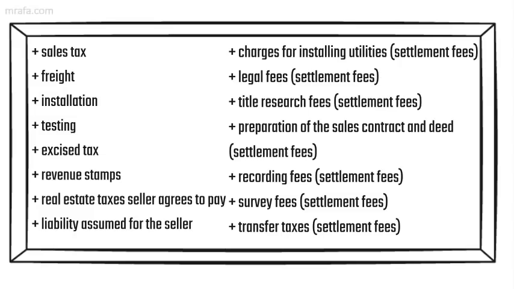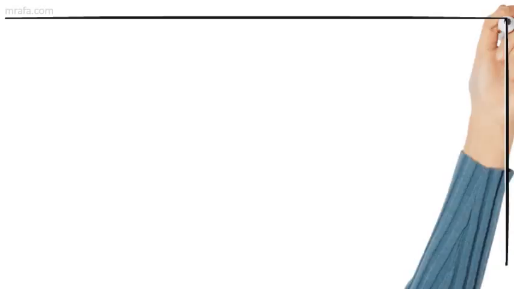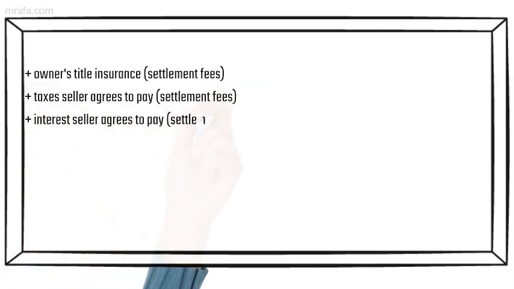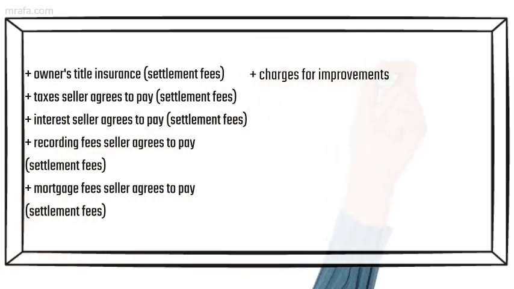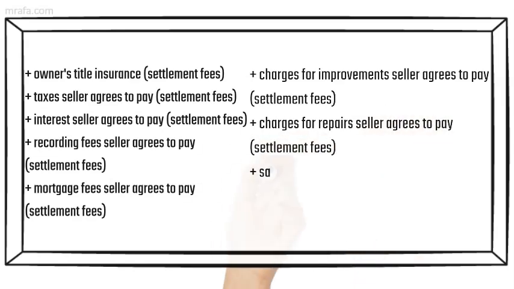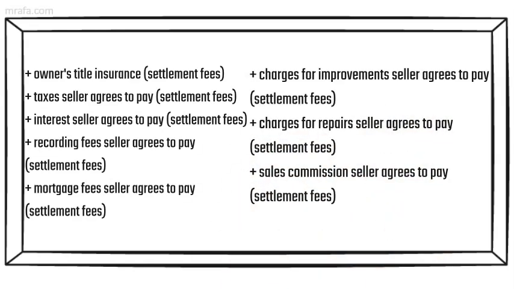The settlement fees include legal fees, title research fees, preparation of the sales contract and deed, recording fees, survey fees, transfer taxes, owner's title insurance, taxes, interest, recording fees, mortgage fees, charges for improvements, charges for repairs, and sales commission that the seller agrees to pay.